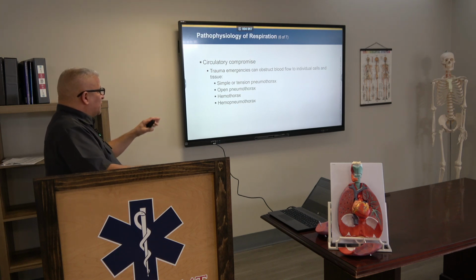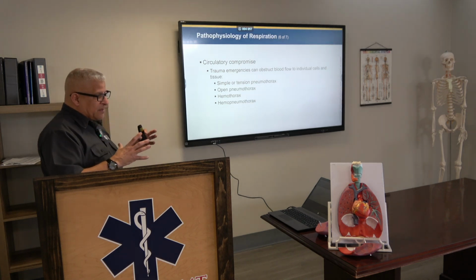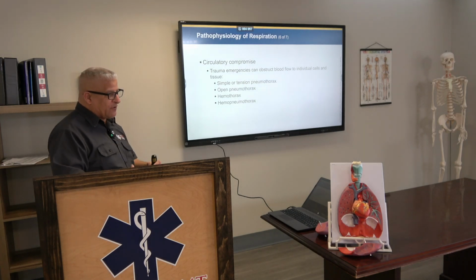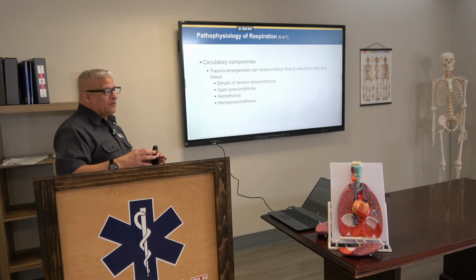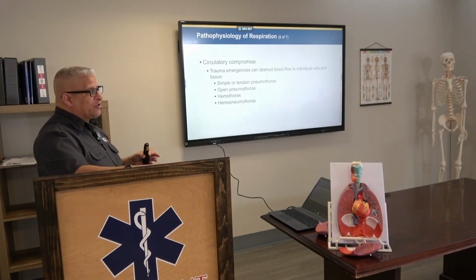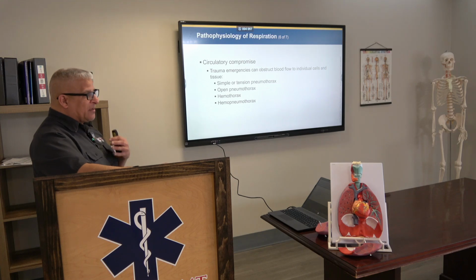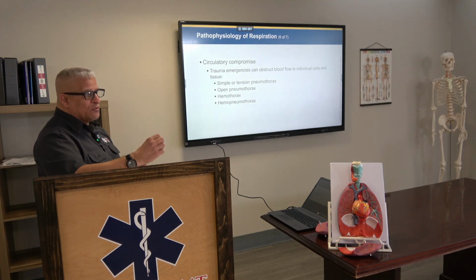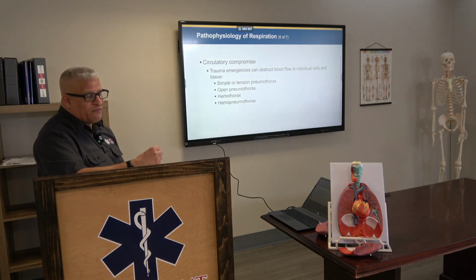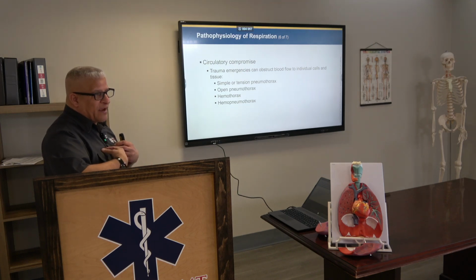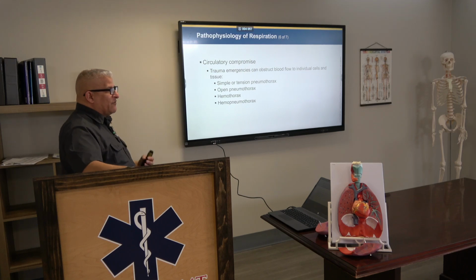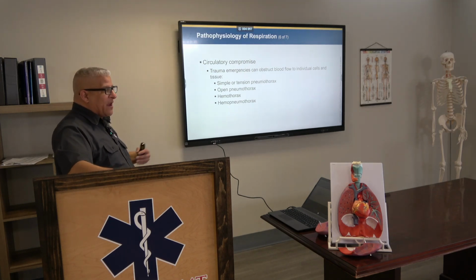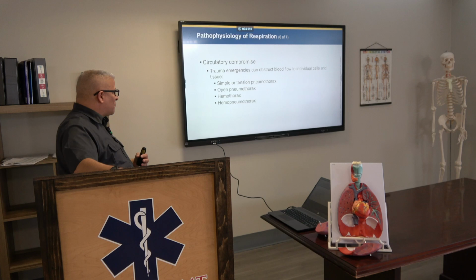A pneumothorax just primarily identifies that there's air in the chest. Tension applies tension in the system, so it's going to put pressure on the vessels in the respiratory system and in your thoracic cavity. An open pneumothorax is when you have an opening in the chest and the air is allowed to move back and forth through that hole.